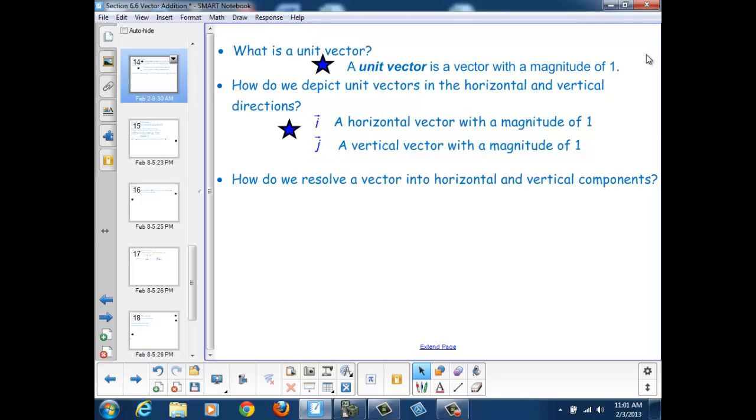How do we resolve a vector into horizontal and vertical components? Why would we ever want to do that? Well, let's say we have this vector, starting somewhere, ending somewhere. We can think of any vector as the hypotenuse of a right triangle, because we could draw a horizontal vector here and a vertical vector.